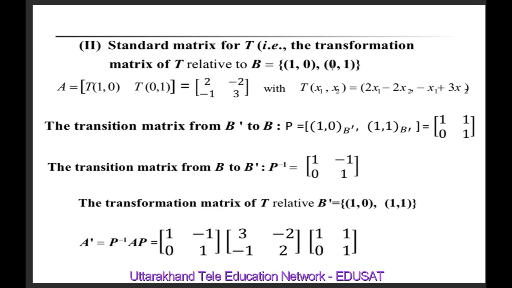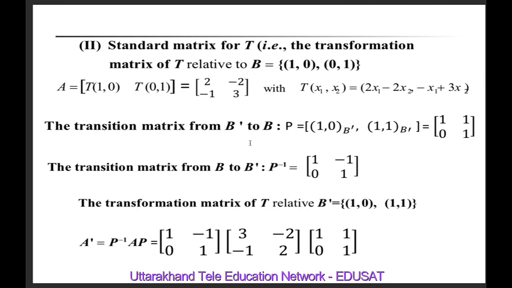Here these are the usual bases. So the first row of the standard matrix is nothing but the coefficients of x1 and x2 in the first vector, and the second row is the coefficients of x1 and x2 in the second vector.